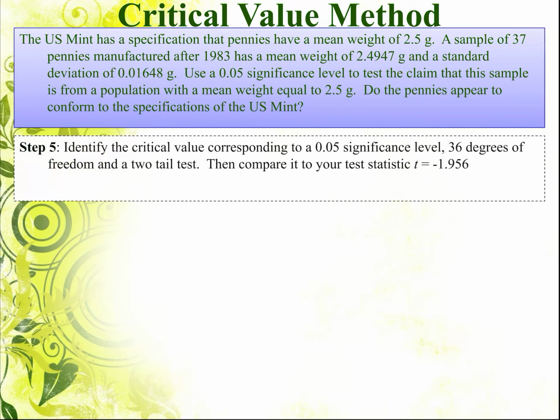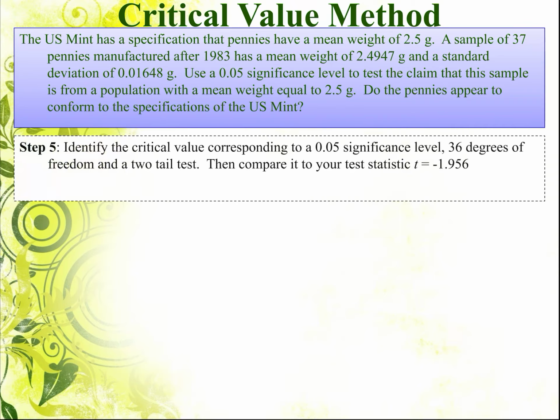Since we're doing the critical value method, we need to now find the critical value that corresponds to a 0.05 significance level. Since we're using a mean, we're not going to use the standard normal distribution. We're going to use the student t distribution. So now we need to know degrees of freedom and one-tail or two-tail test.